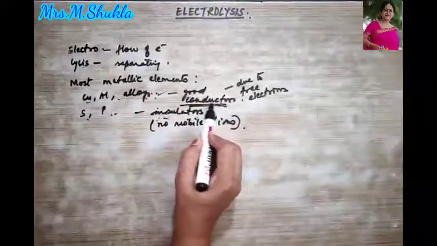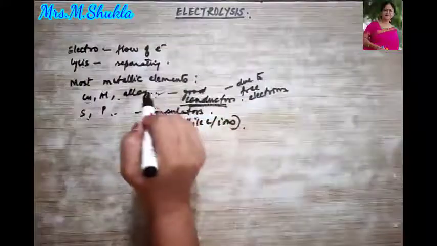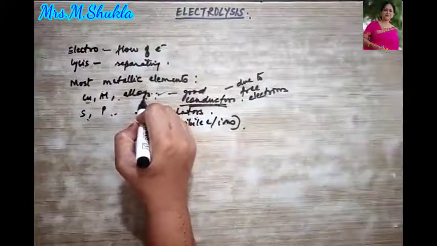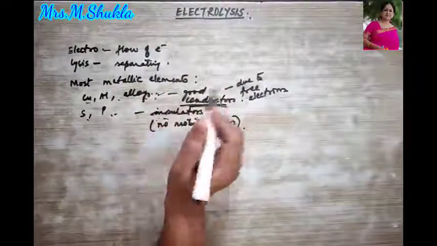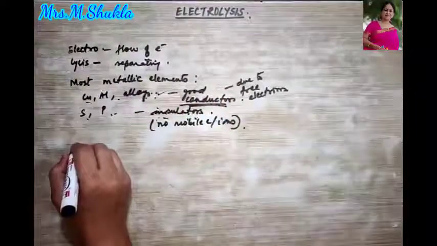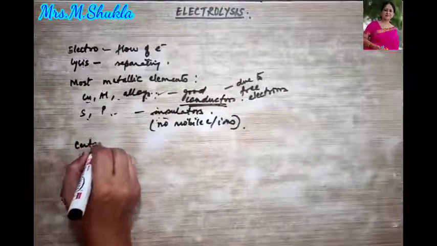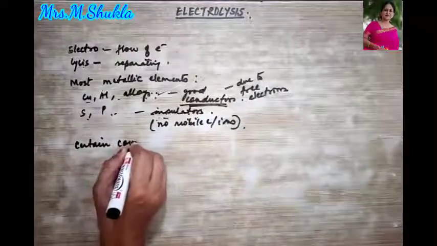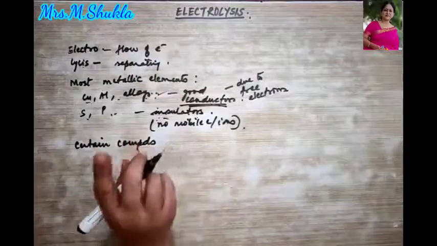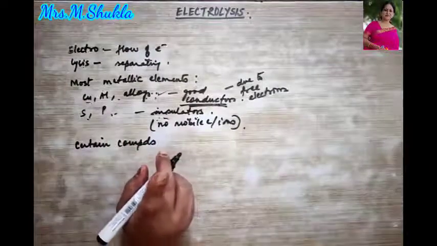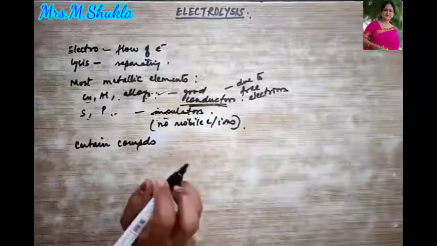In the conductors, what did we say? That they allow electricity to pass through in the solid, liquid, or in the aqueous state. But there are certain compounds which do not allow electricity in the solid state, but yes, they allow electricity to pass through in the aqueous or in the molten state.